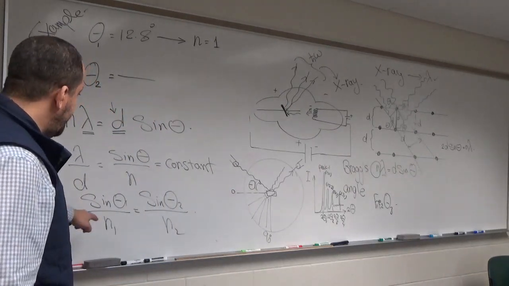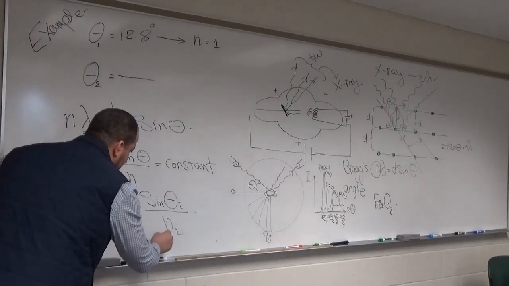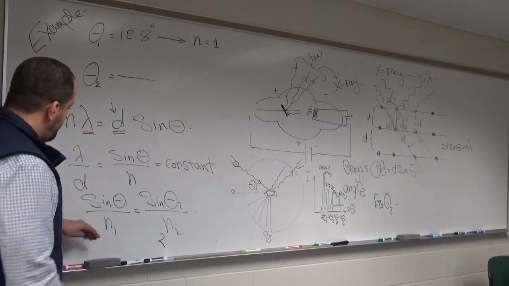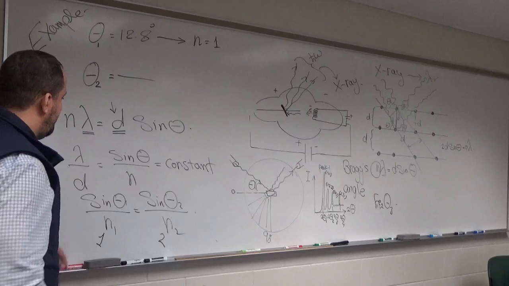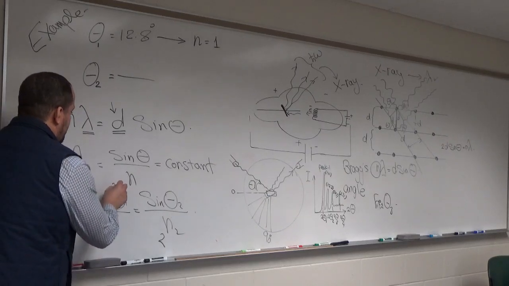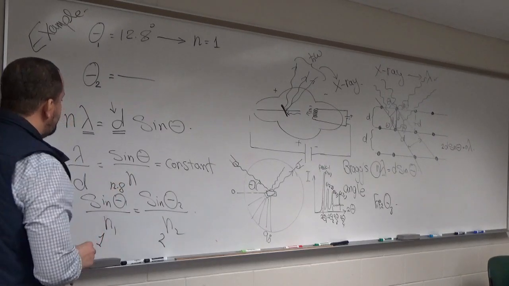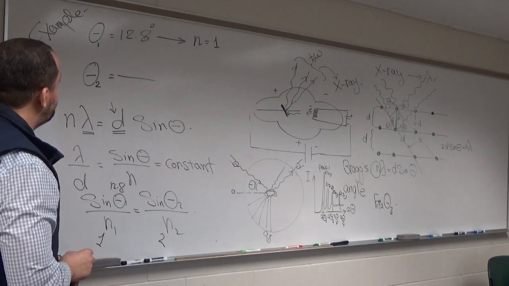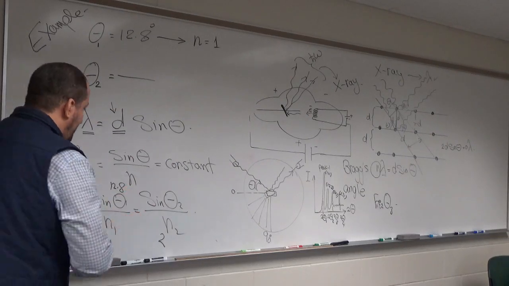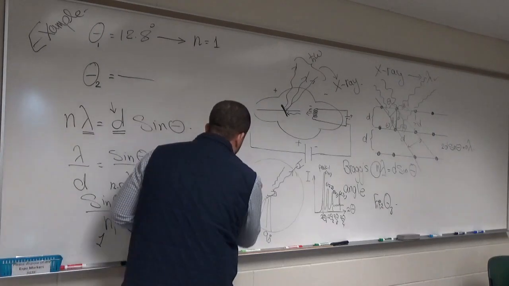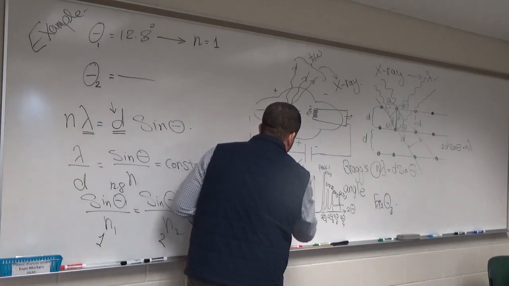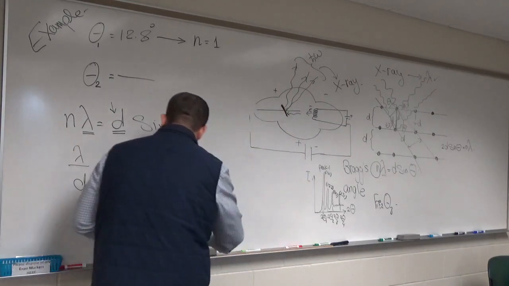We know that for the second peak, n is equal to 2. For the first peak, n is equal to 1. Theta 1 is equal to 12.8 degrees. So now we can calculate theta 2 like this.